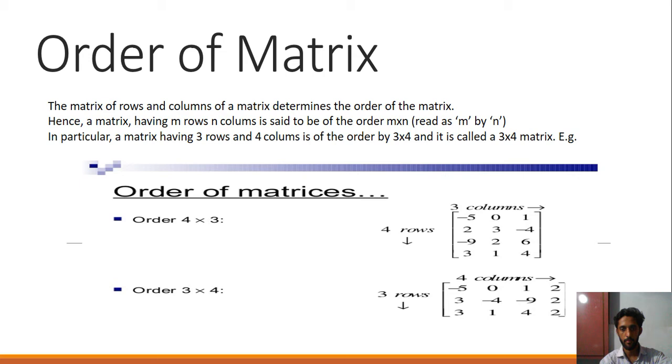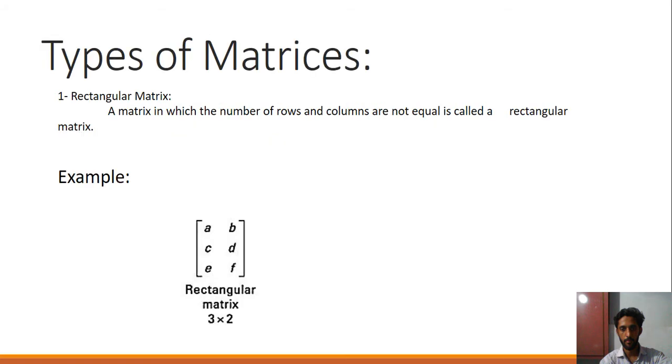And the second example has 3 rows and 4 columns, so the order will be 3 by 4 and in the first 4 by 3. This is the simple order of the matrix.